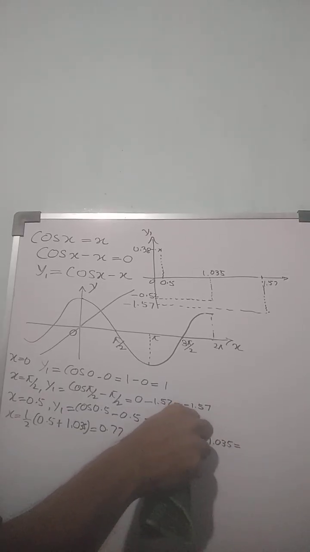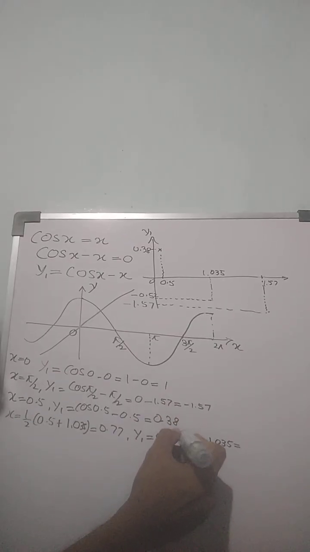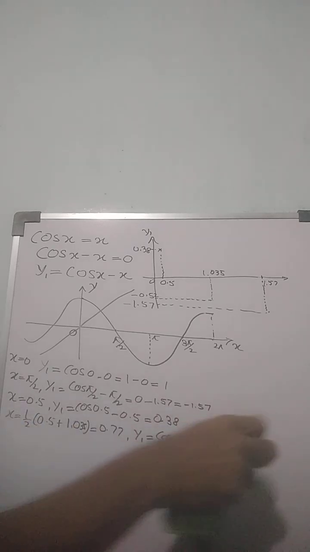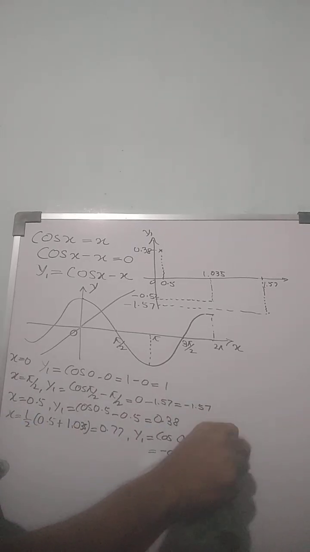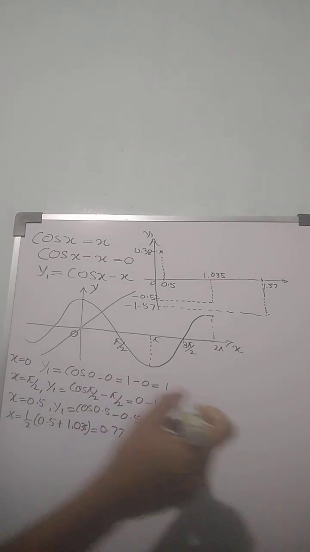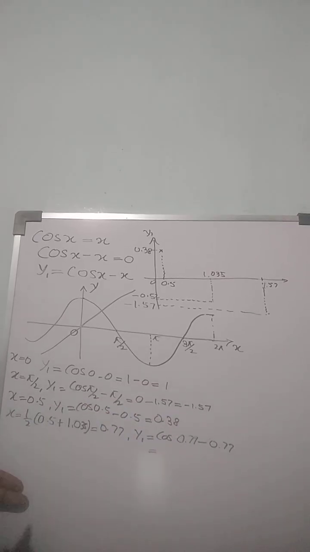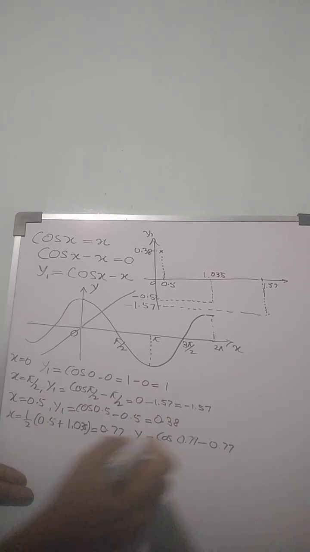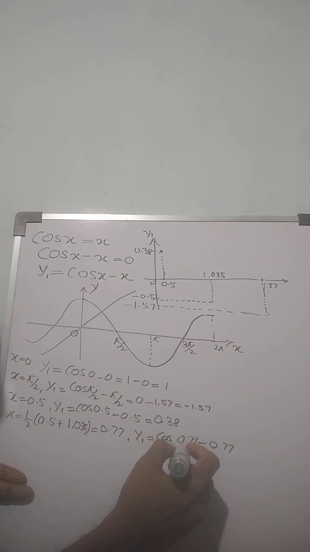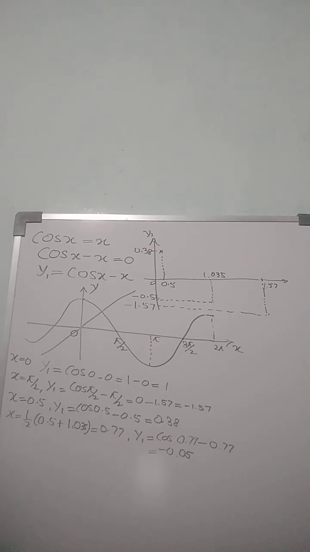We can find cos 0.77 minus 0.77. The result is minus 0.05. It is still reduced. The numerical value is still reducing, up to minus 0.05.